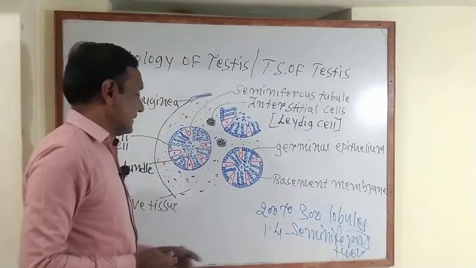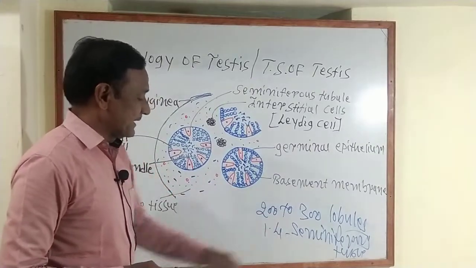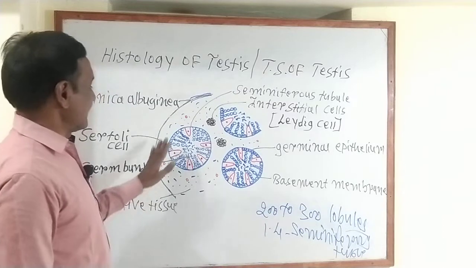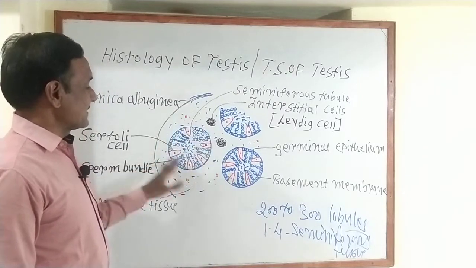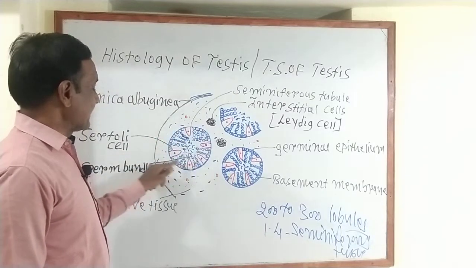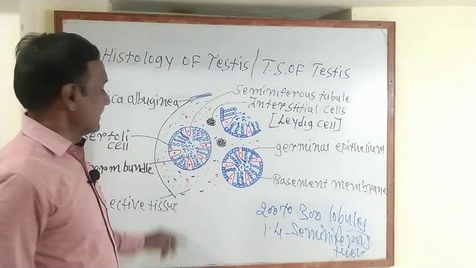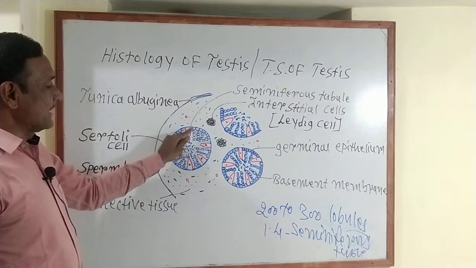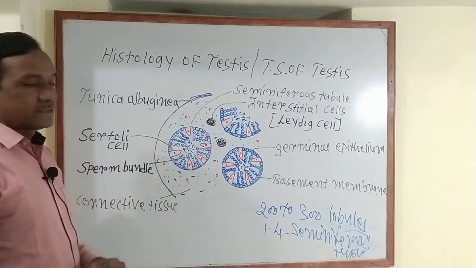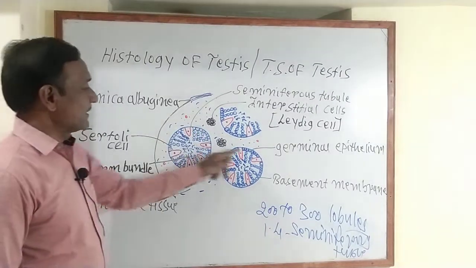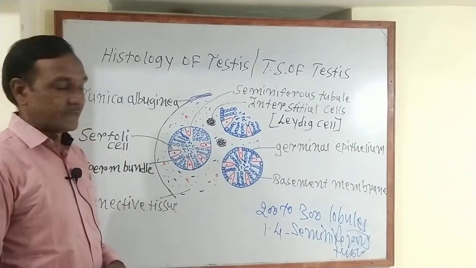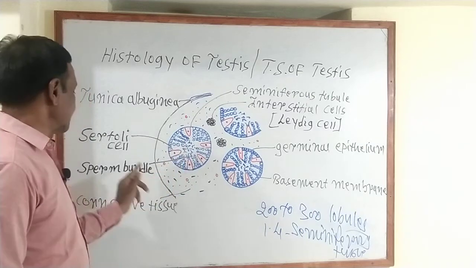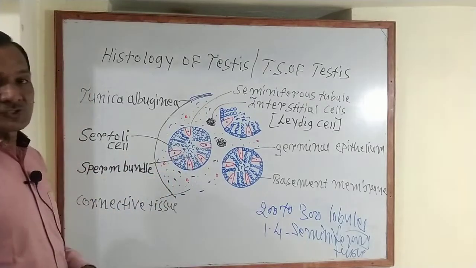Each seminiferous tubule is internally lined by two types of cell: the small cuboidal germinal epithelium, and the larger pyramidal cells, which are called the Sertoli cells.